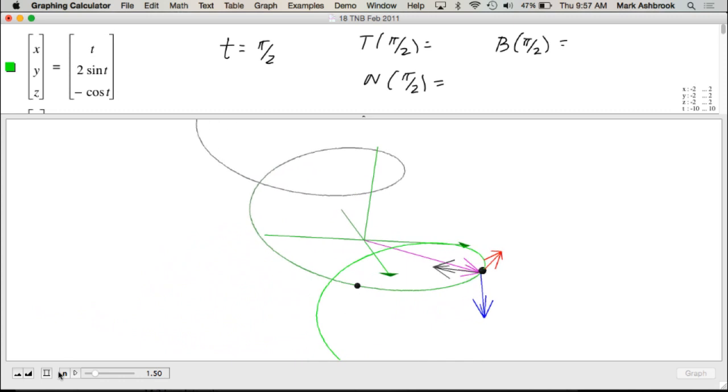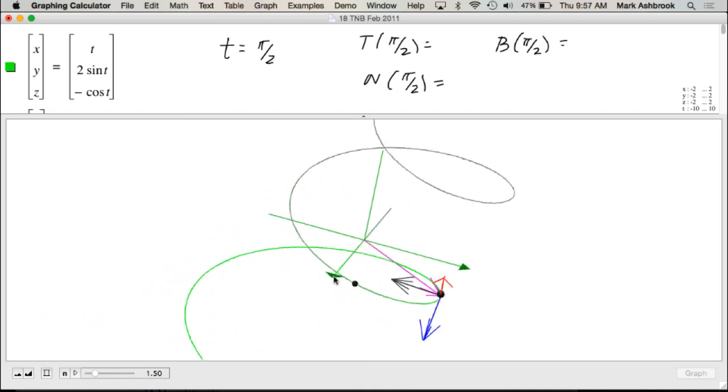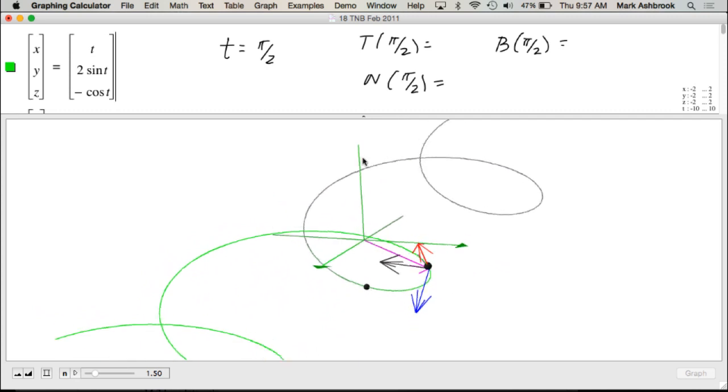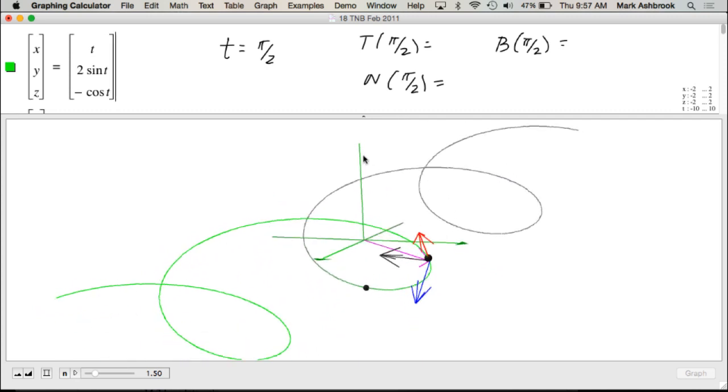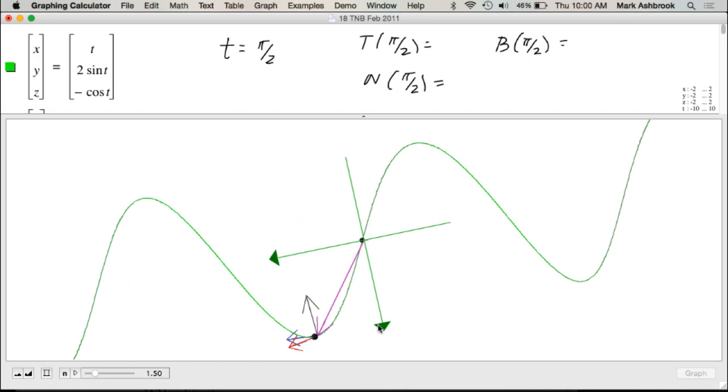And then maybe better is if I give you one. So I'll give you this view for a minute, and then I'll give you another view for another minute, okay? Pretty easy. Just looking straight down on it to help you with the black one. X here, Y here, right?